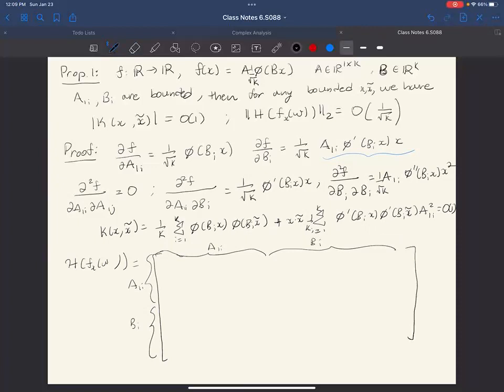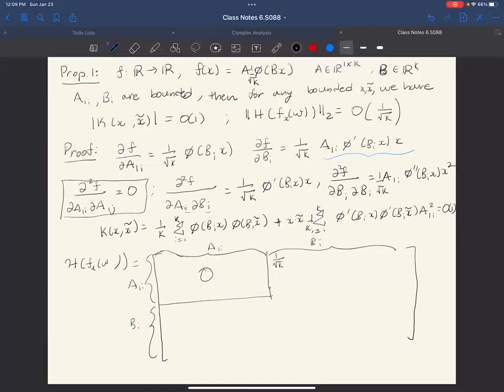Well, you see that these partial derivatives here are just all 0. So I have a big block of zeros here. And now if I look at my partial derivatives with respect to a_i, b_i, well, the i's better match. If the i's don't match, then I don't have a derivative. It would be 0. And so I have a diagonal matrix here.